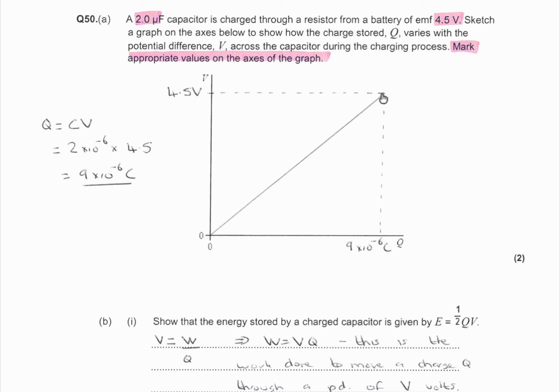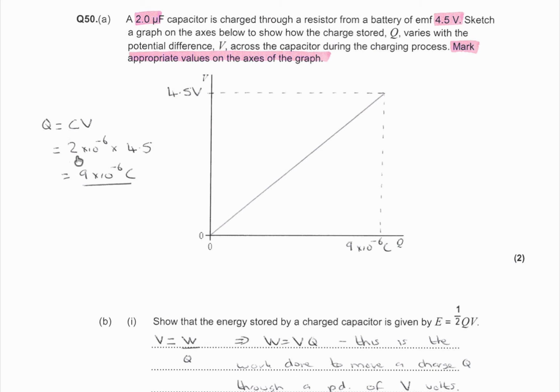So we know that in the end, the potential difference across the capacitor will be equal to the EMF of the battery. So therefore, the potential difference across the capacitor will be 4.5 volts. We simply need to work out what the corresponding value of the charge is. Now, again, if we go back to this equation over here, then we simply use the values we were given in the question.